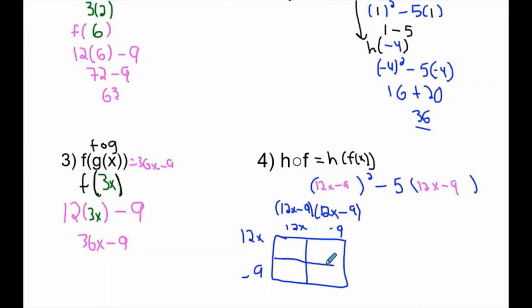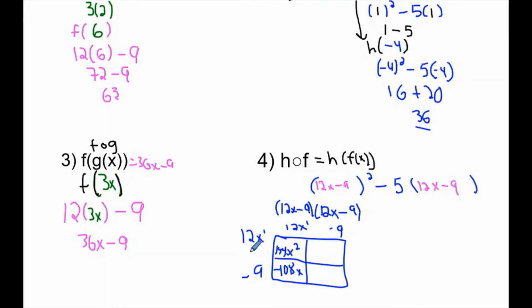Okay, so same process we saw in the previous examples. 12 times 12 is 144. I have the same base here of x. So I write that same base down, and then I add the exponents. 1 plus 1 is 2, or square. Here I have negative 9 times 12, which is negative 108. And then the x just drops down since there's no x on the 9.